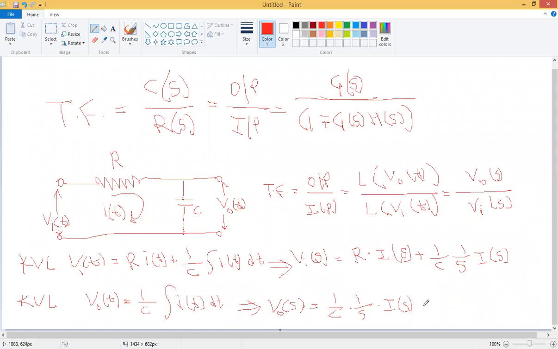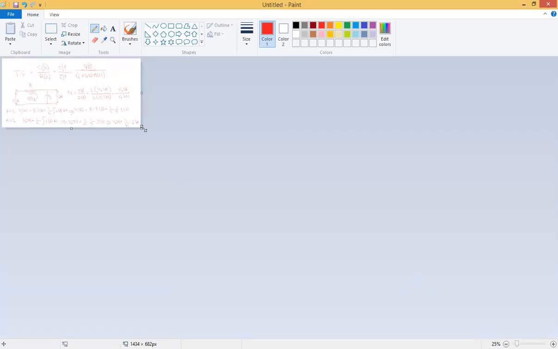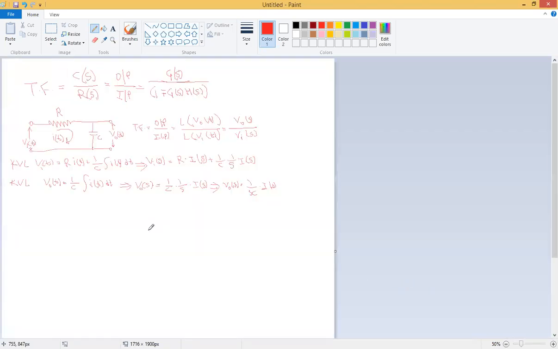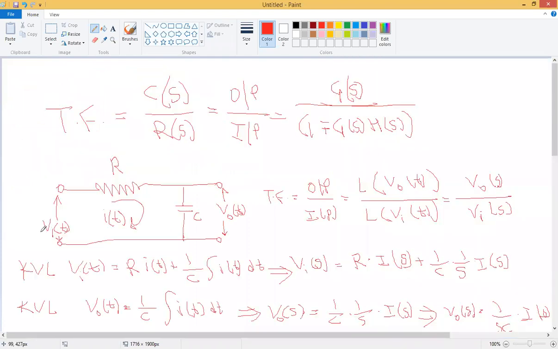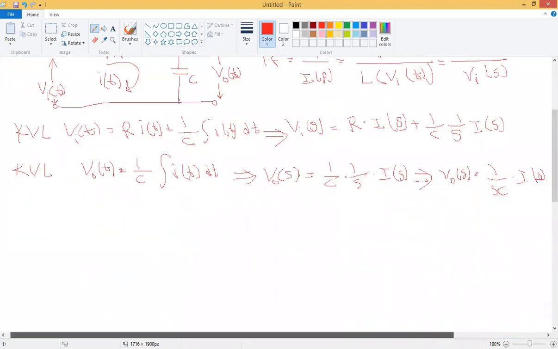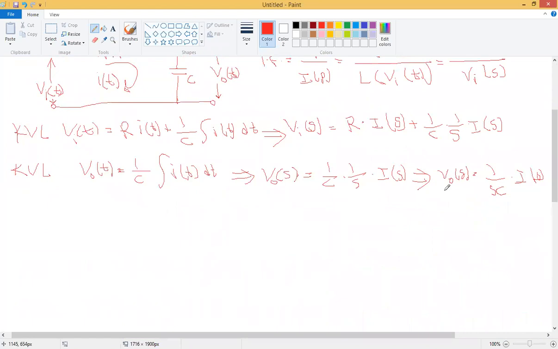Again, this can be converted as V of s is equal to 1 upon S into C, I of S. Simplify this equation.